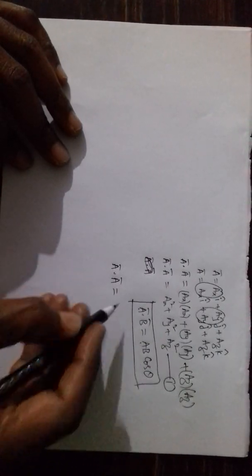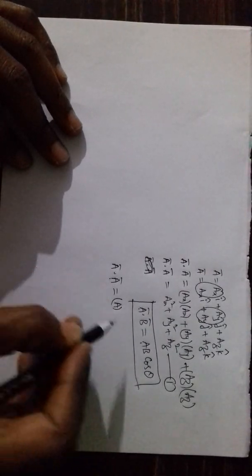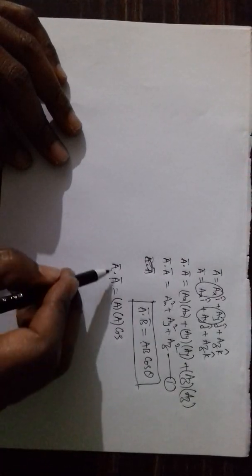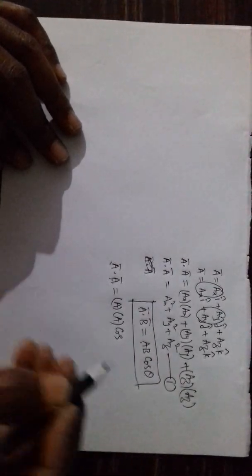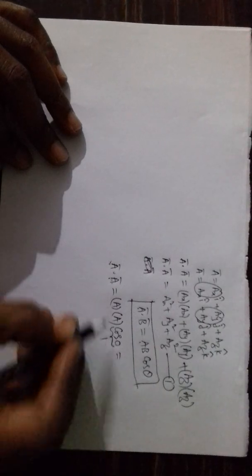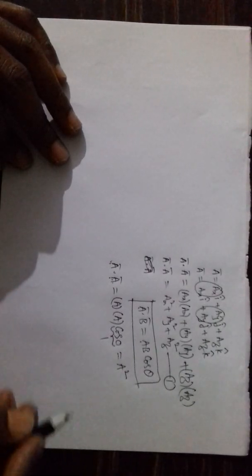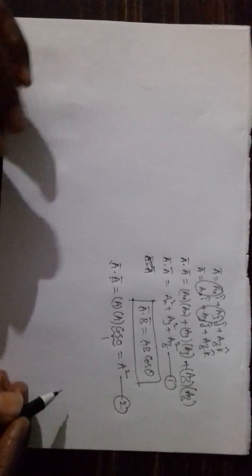Its magnitude is a, the other magnitude is also a. Cos of the angle between these two is cos 0, because they are the same, and cos 0 value is 1. So a into a, which is a square. So this is the second equation.